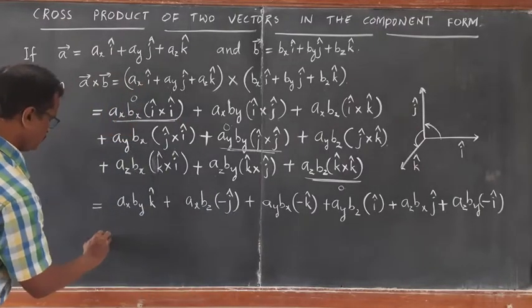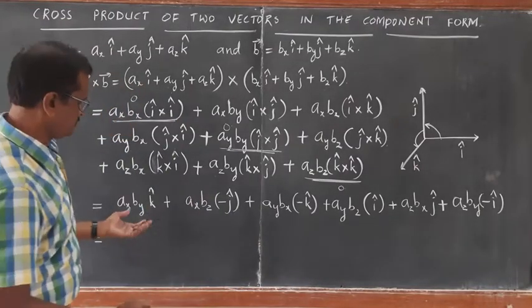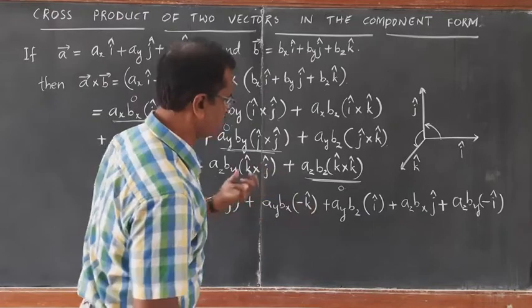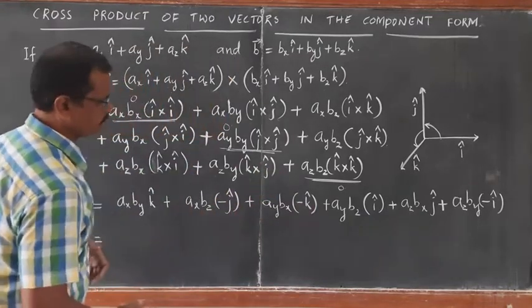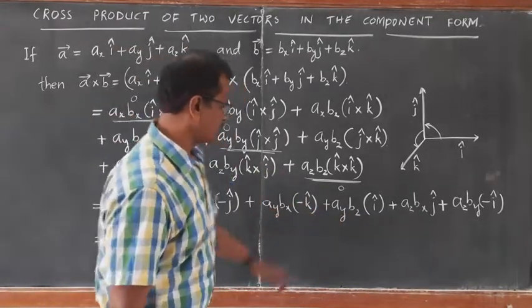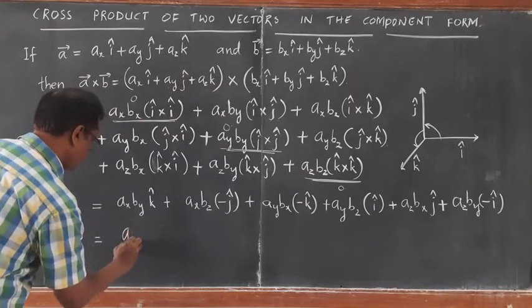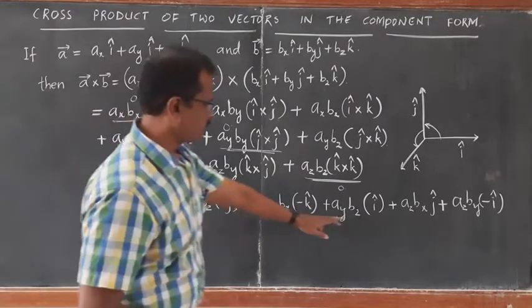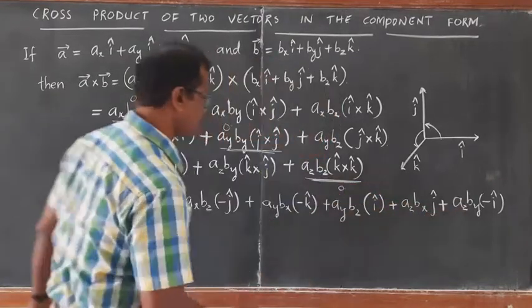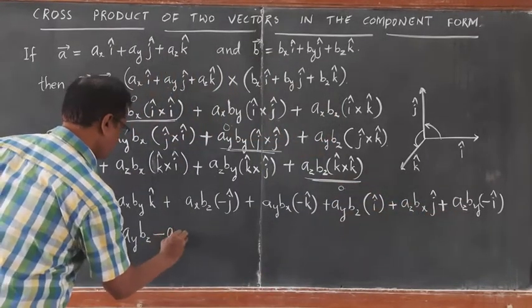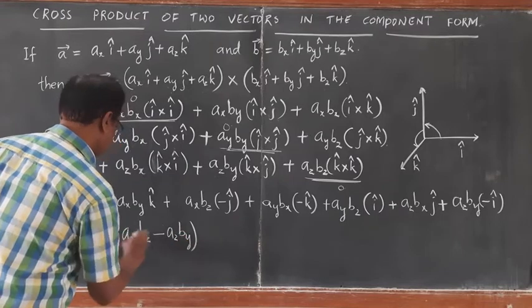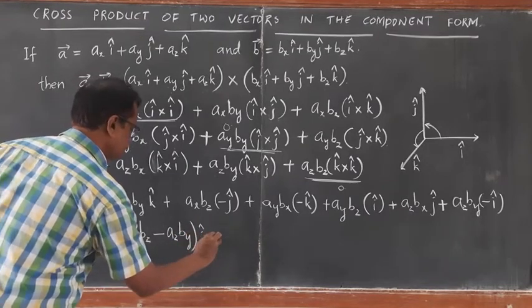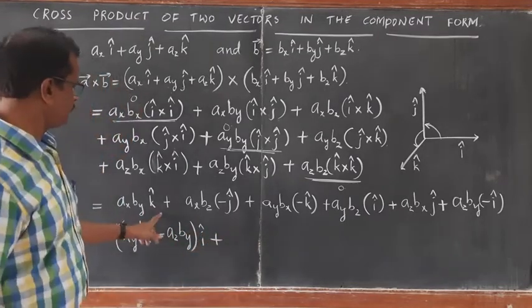So now you can simplify this. k on one side, i on one side and j on one side. ay bz, i is there, and one more i is there: minus az by i cap, plus. Where is k cap?